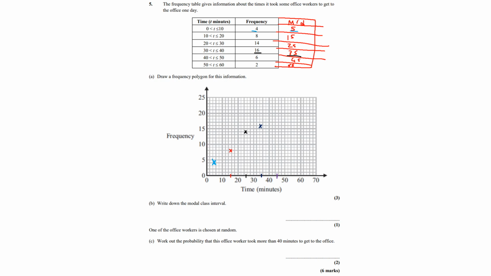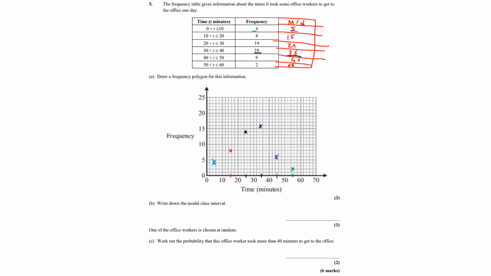And there's only 6, so we're going to have to go back down. Roughly 1, 2, 3, 4, 5, 6. Yeah, I think that's 6. And then finally 55, 2. So at 55, which is over here, there's only going to be 2.